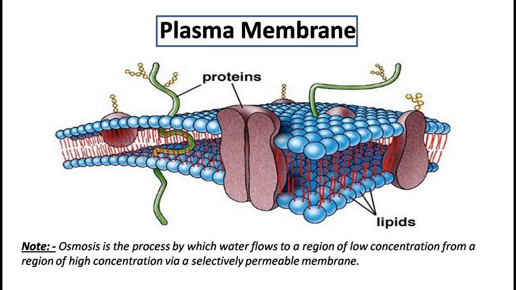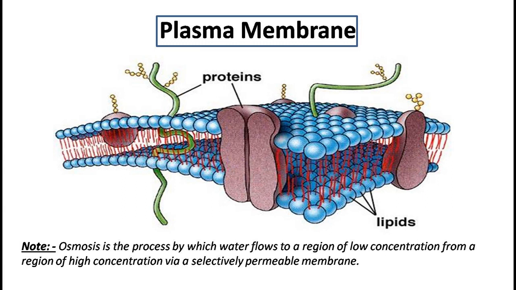As you can see in the picture, the plasma membrane is a bilayer membrane. It is composed of lipids and proteins, and they are arranged as shown in the picture. There are two types of proteins here.